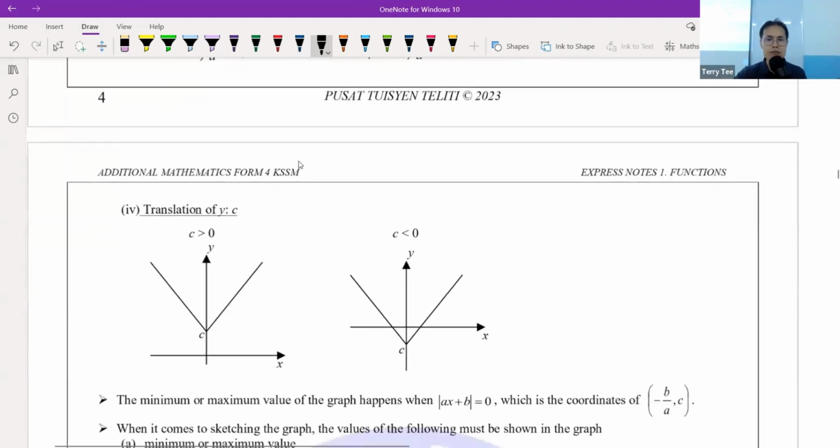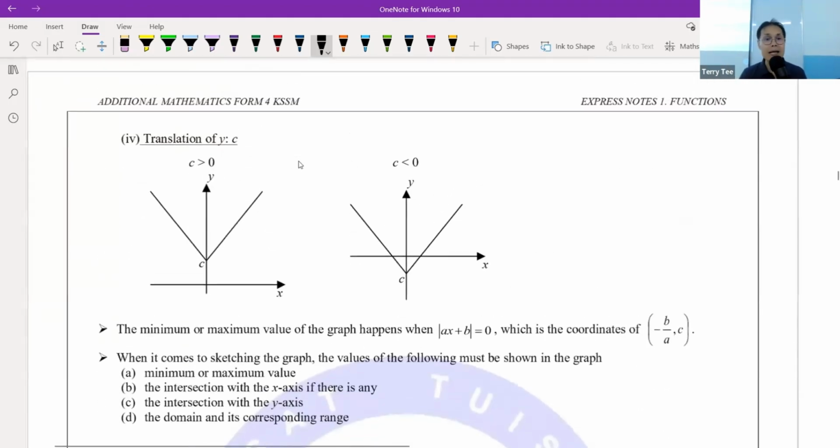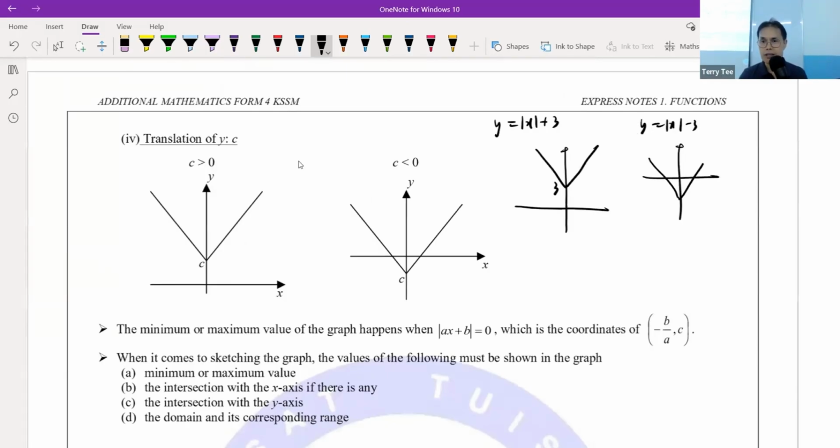Now the shifting up and down: what if the number outside is C? It can be positive or negative. A classic example, modulus x plus 3, means I take the V-shaped graph and shift it up by 3, so it cuts at 3. Modulus x minus 3 means I shift it down by 3. But like I said, normally they don't test this in SPM.